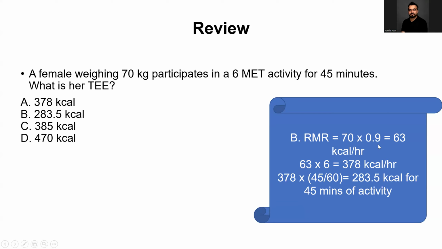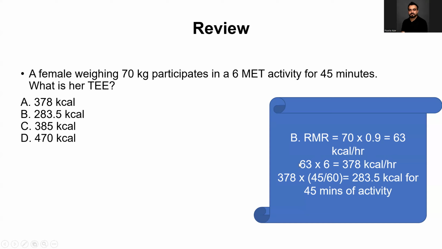Why did we put 0.9? Because this is a female, and this is the simplified equation, right? We said for men it's 1, for female it's 0.9. So body weight multiplied by 0.9 because the participant is a female, and we get 63 kilocalories per hour.